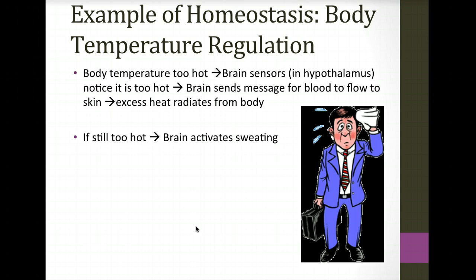Sometimes if you're still too hot and the blood flow doesn't help, then your brain is going to send a message to allow you to sweat, and it's going to activate those sweat or perspiration glands, and as the sweat evaporates off your skin, it cools your body down. So that's your brain trying to keep that internal balance of stable or regular body temperature. So stable internal conditions is something that's needed for all living things, and the technical term for that is homeostasis.